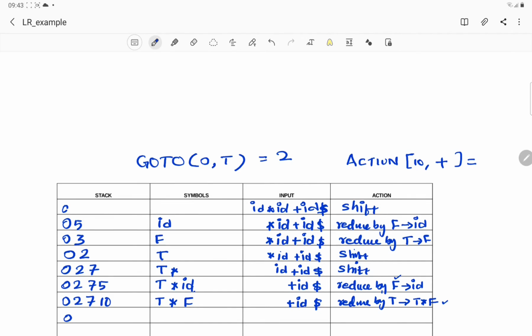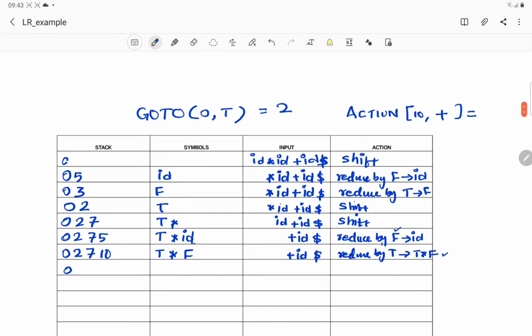Go to of 0 comma T is equal to 2. So this will become 2, 0 2, and this will become the corresponding symbol. The symbol corresponding to stage 2 is T, and input is now plus id dollar. Now the stack top is 2, and the next input symbol is plus.